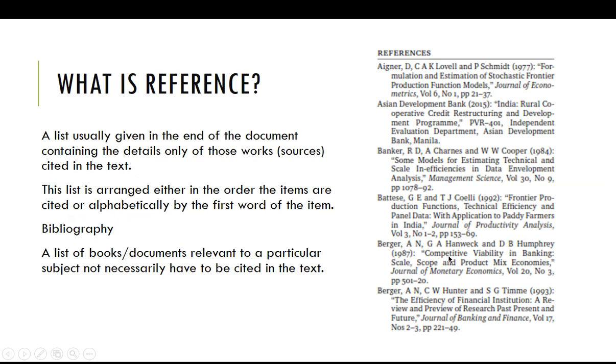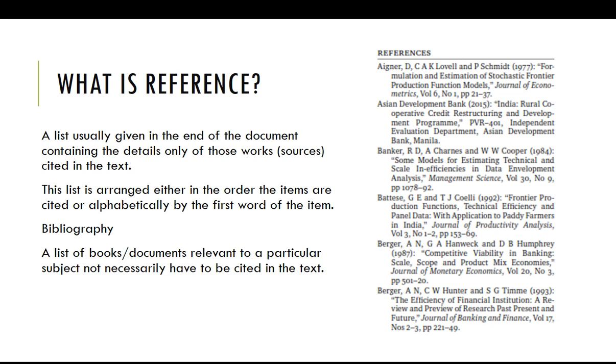Next we will discuss what a reference is. Whatever paper we cite in the text, that is also called an in-text citation, we have to provide the full list of the articles or works that we have cited in the text.